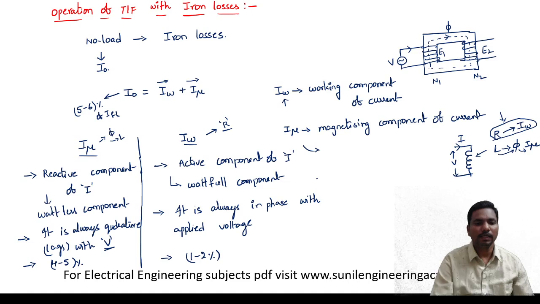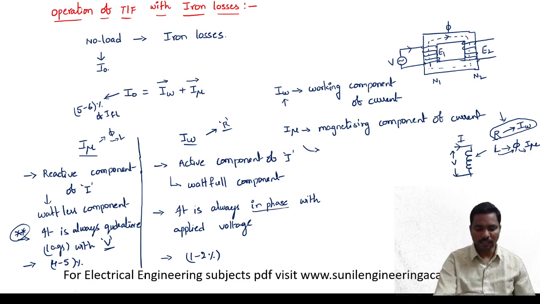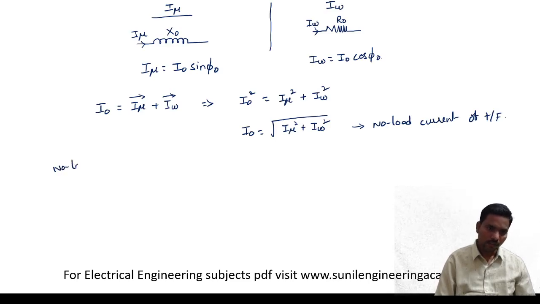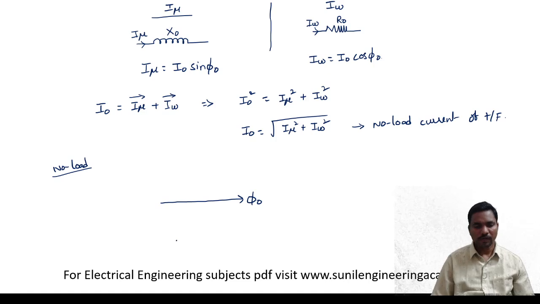Very, very important. Here I mu is in quadrature with respect to the voltage, or lags 90 degrees with respect to the voltage. IW is in phase with the voltage. So let us take all these in a diagrammatic manner, in the no load condition. Let us take a reference. I am taking the flux phi naught as the reference.